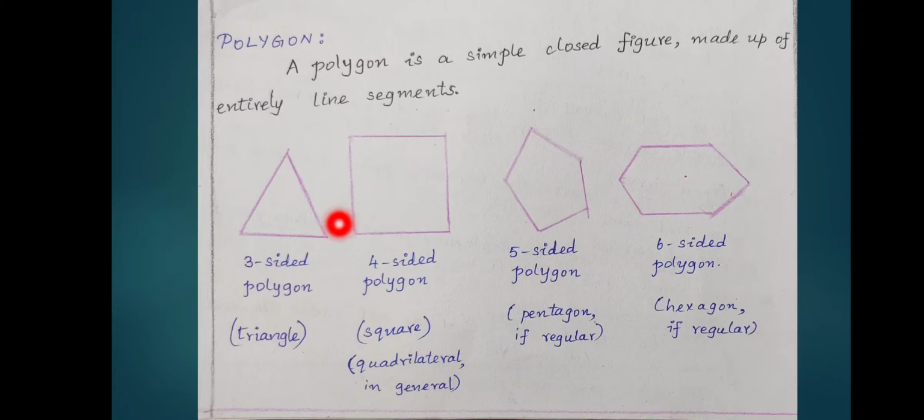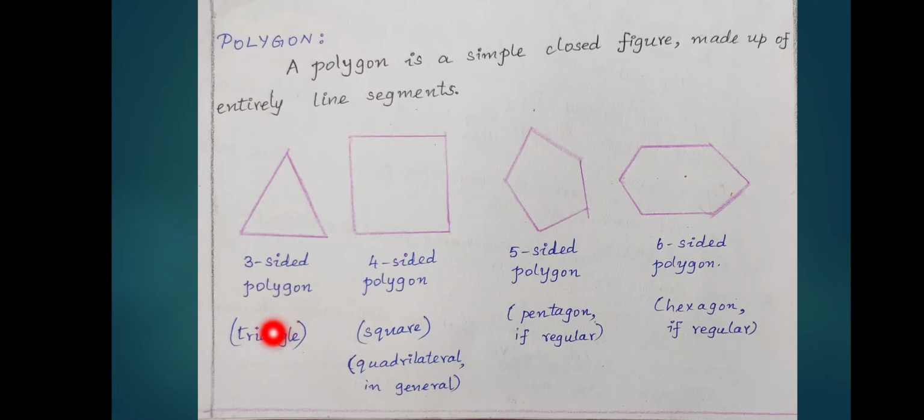You should not use any curves to make a polygon. See, we have a 3-sided polygon, 4-sided polygon, 5-sided polygon, 6-sided polygon. You can draw 7-sided, 8-sided polygons also as you wish.